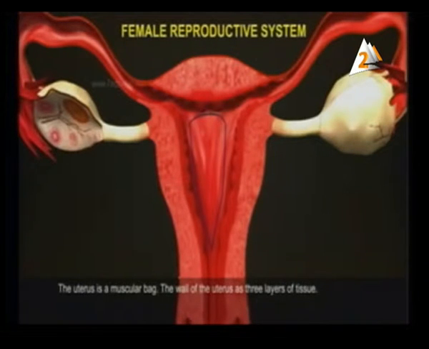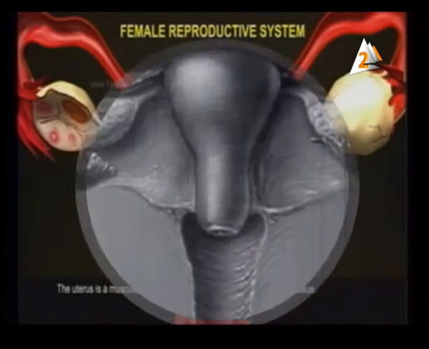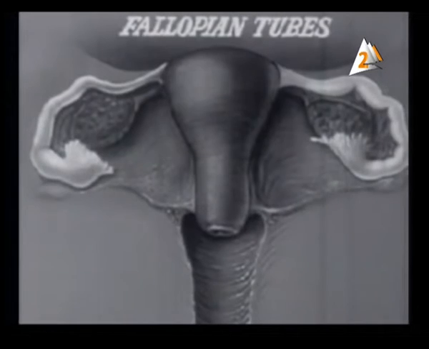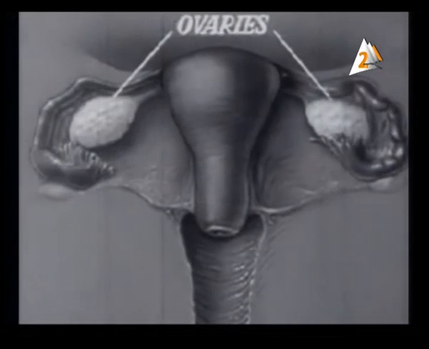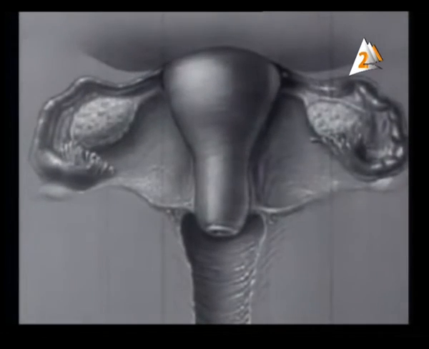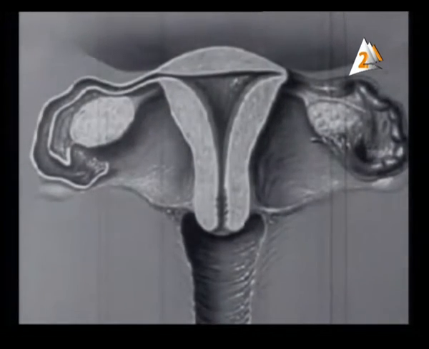It is provided with finger-like processes to receive the ovum, and it is lined with cilia to pull the ovum towards the uterus.